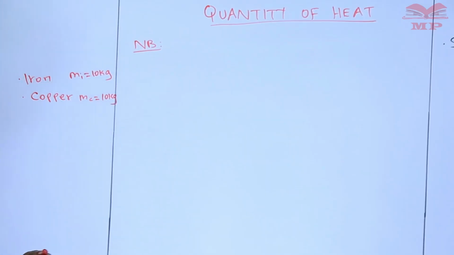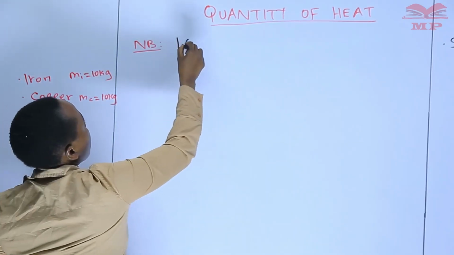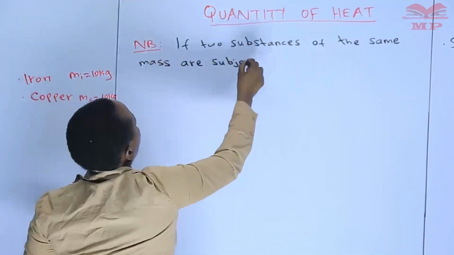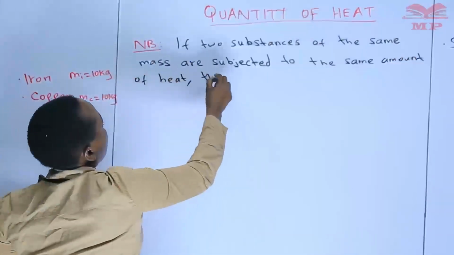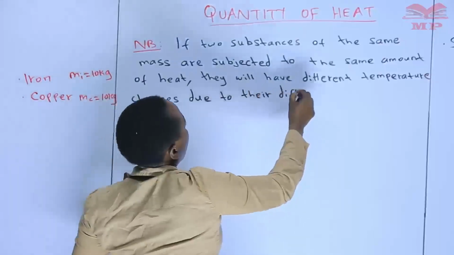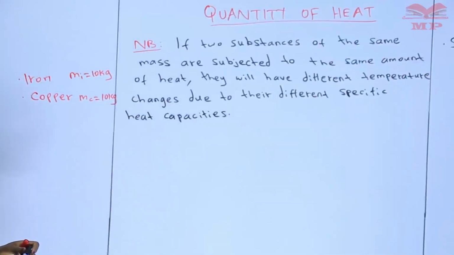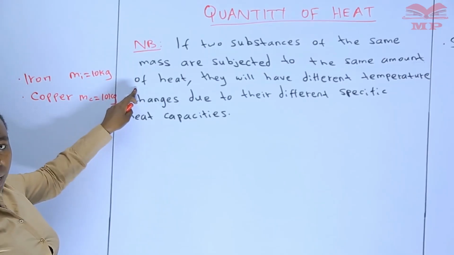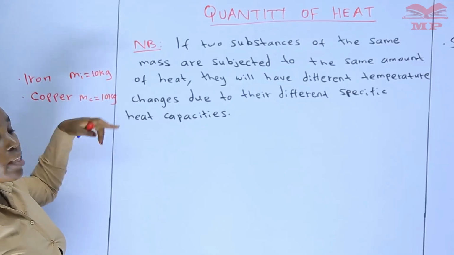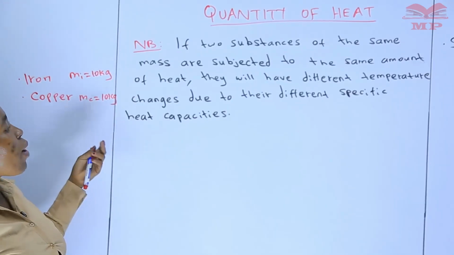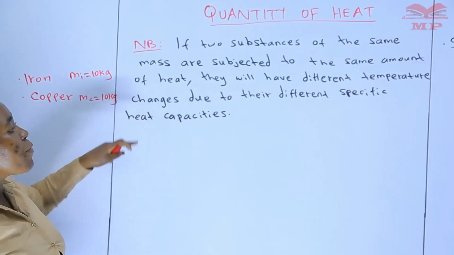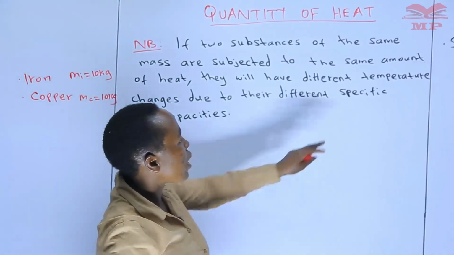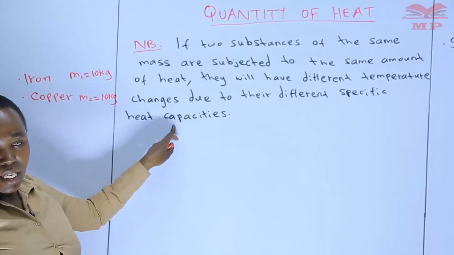So I want you to note that if two substances of the same mass are subjected to the same amount of heat, let's say we are heating them using a certain amount of heat, for example, 1000 joules, they will have different temperature changes due to their different specific heat capacities.